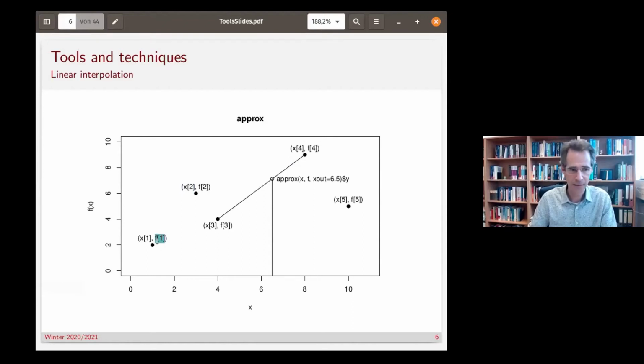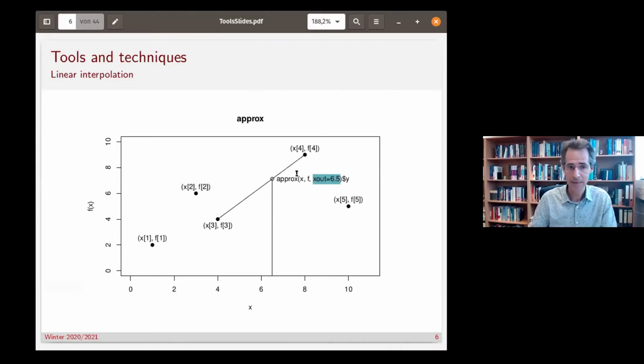So again, it's a vector of length 5. These are the first two arguments. If we use the Approx command, then we input the first two arguments x and f. And the third argument is the point or points where we would like to evaluate the function. Here we only want to evaluate one point, 6.5. So we just put this argument to 6.5.